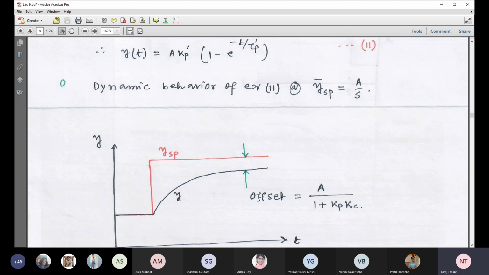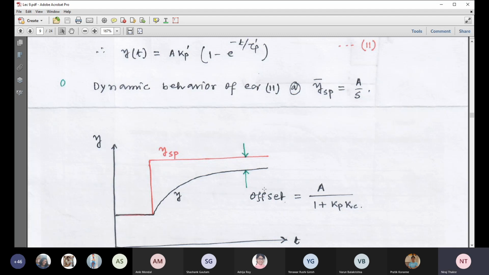Obviously after a certain period of time, Y becomes constant, you see. So that's why it is called steady state error. And I have written here some term for offset. I have shown this is the offset. Now the question is how to calculate this offset, that we want to discuss next.